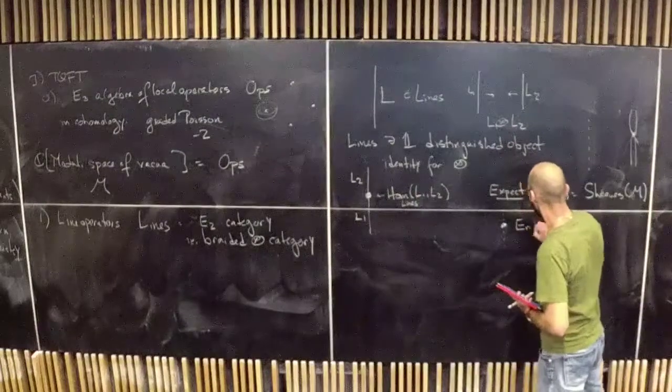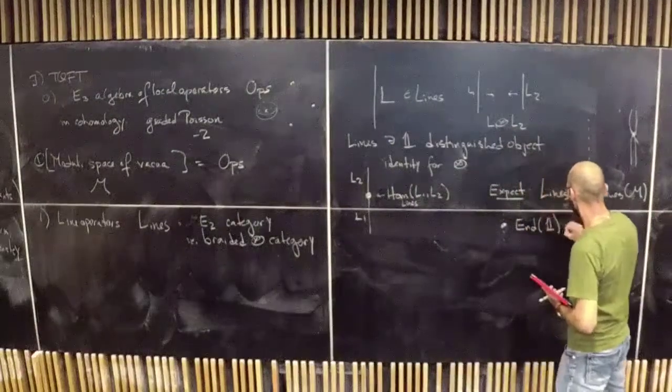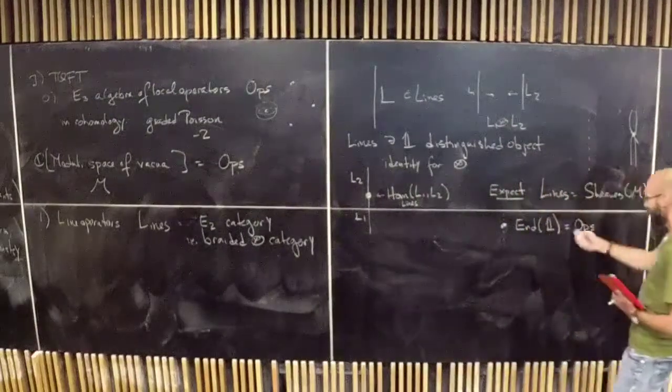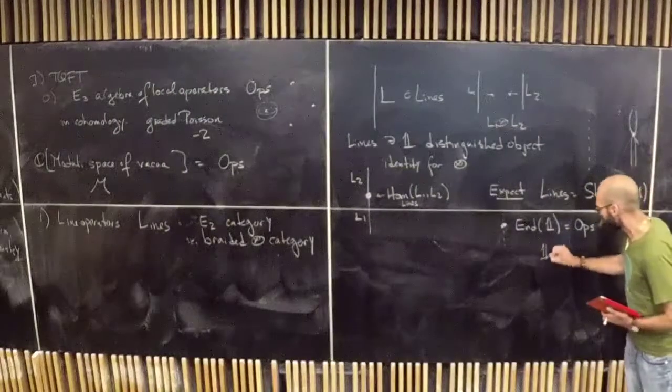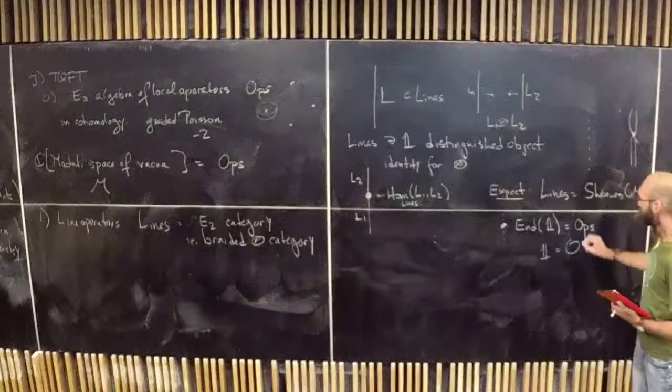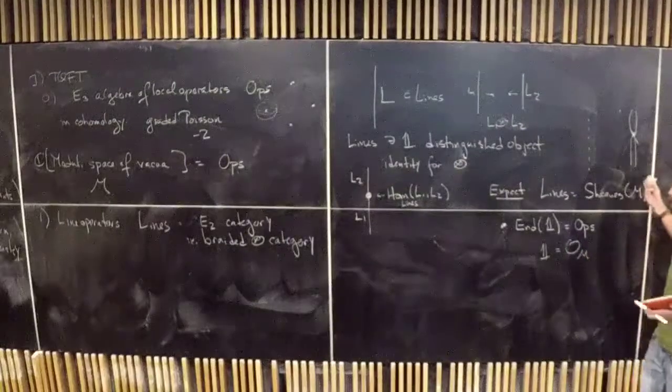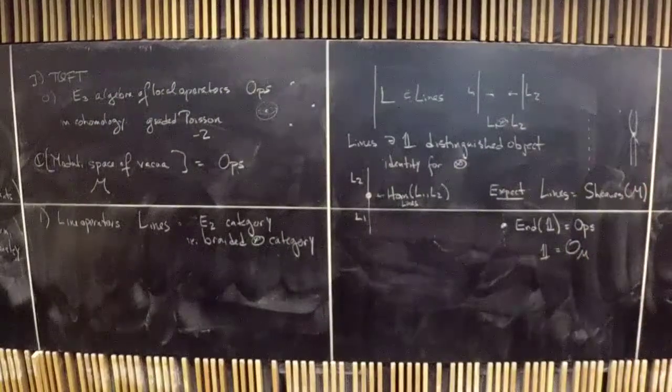So N1 is ops, and 1 should be thought of as the structure sheaf. So coherent sheaf, yes? Yes. I mean, in the B-twist, it will literally be coherent sheaves. But I think it depends what sort of functions we're talking about.